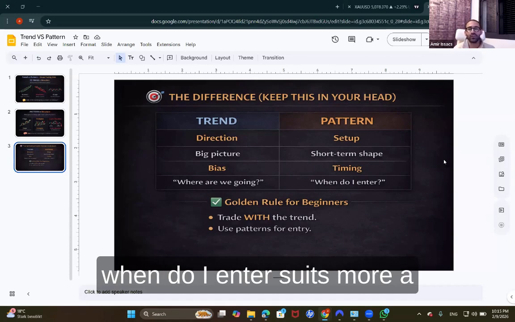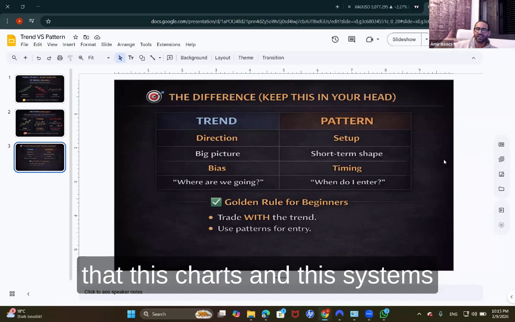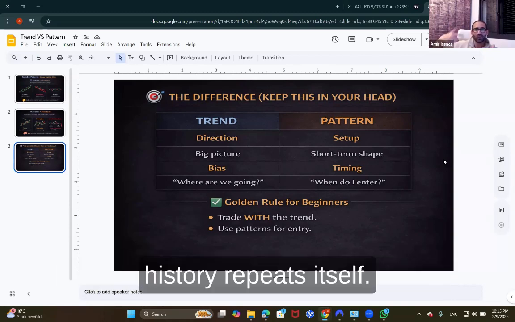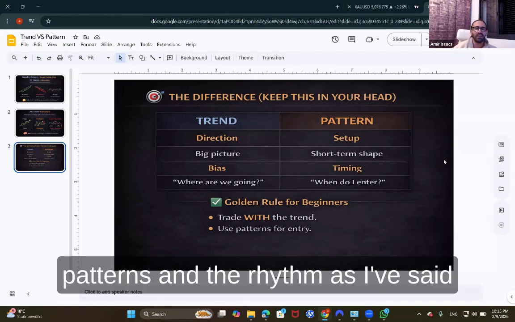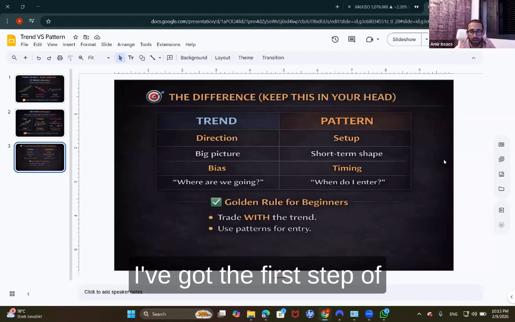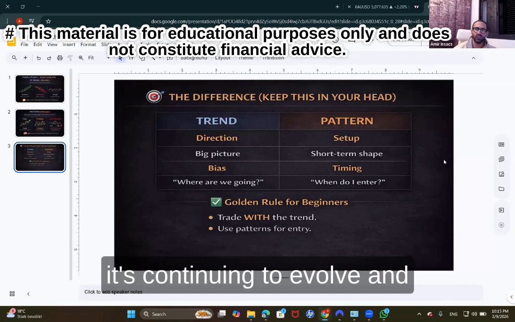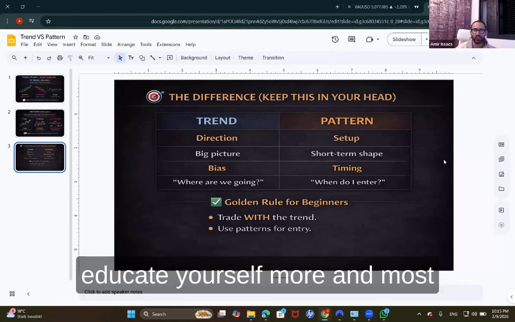When do I enter suits a pattern more, because when I understand that this chart, this system, and whatever asset I'm looking at, history repeats itself. Once I understand the patterns and the rhythm, as I've said, I've got the first step of understanding the asset that I'm trading unlocked. And from here on, it's continuing to evolve and understand better and learn more and educate yourself more.